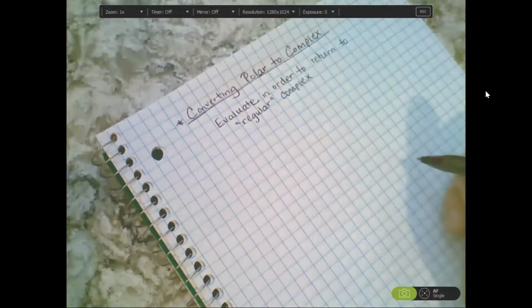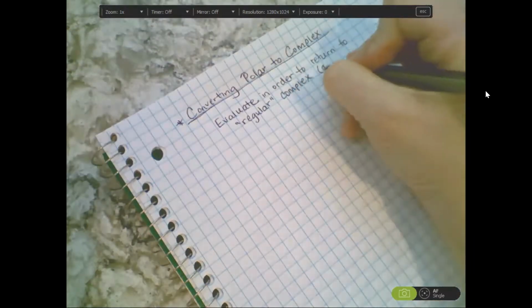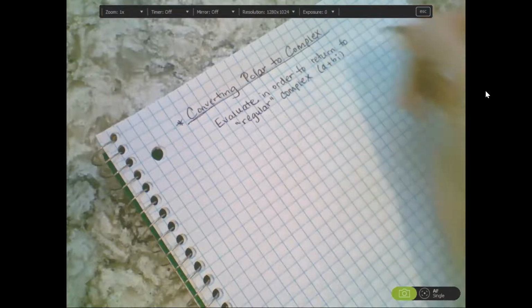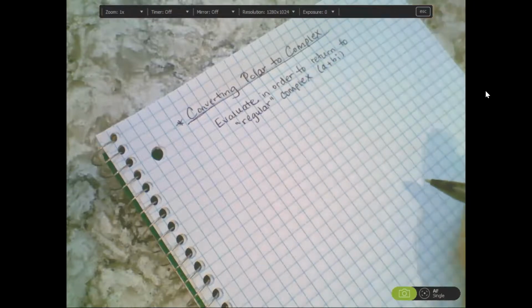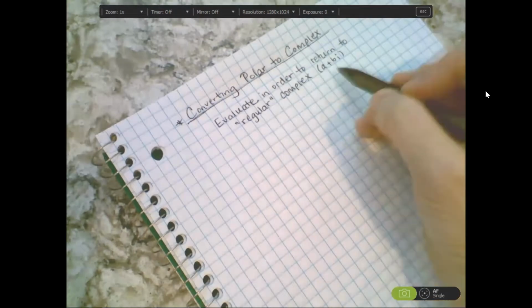So regular complex is this, just the normal A plus BI. Polar complex is that big thing that we were just looking at with the R and the cosine theta and the sine theta. Regular complex is just this.